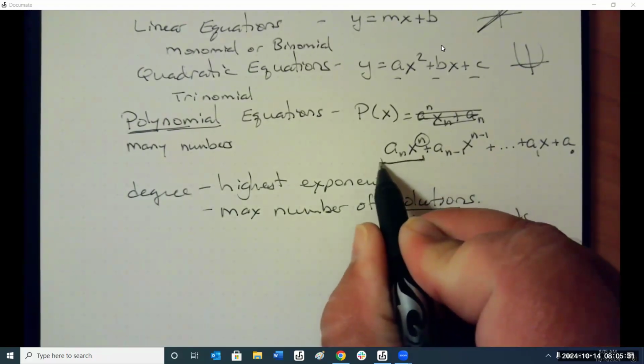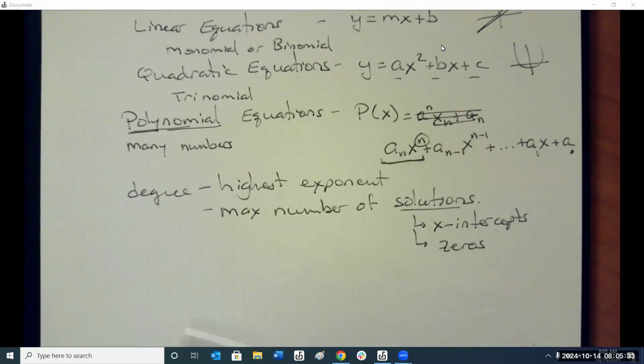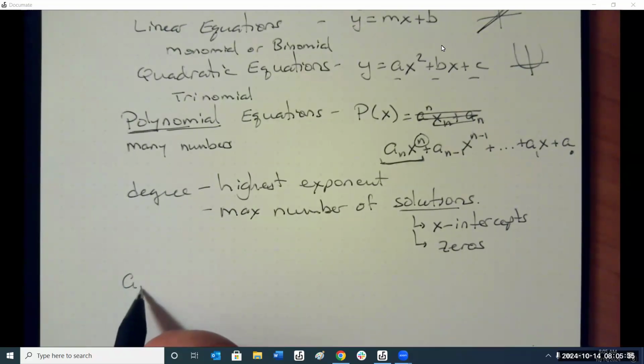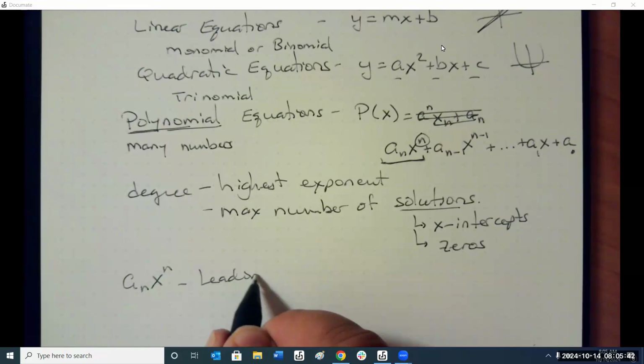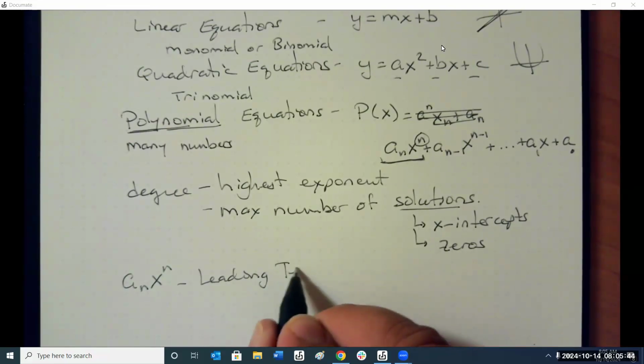The term involving the largest exponent, the very first term, is called the leading term.